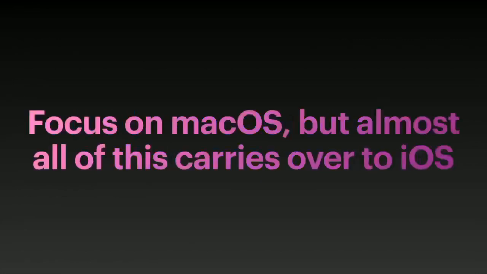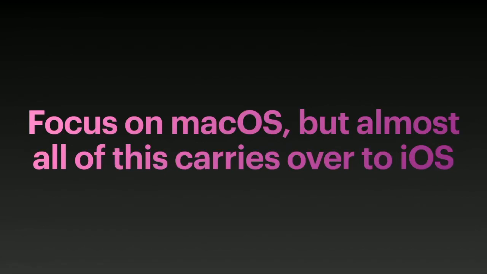The focus here is going to be on macOS. That's because it's just a little bit easier to demo, a little bit easier to debug. The good thing about what Apple has done, and since this is very heavily browser focused, almost everything that I show here is completely replicable to iOS, all right?